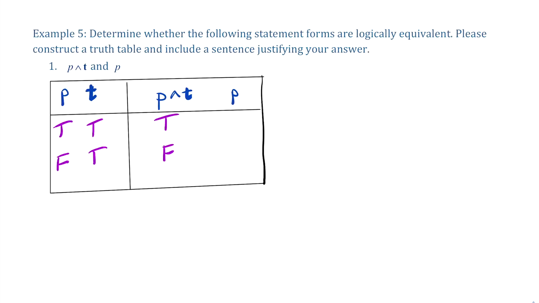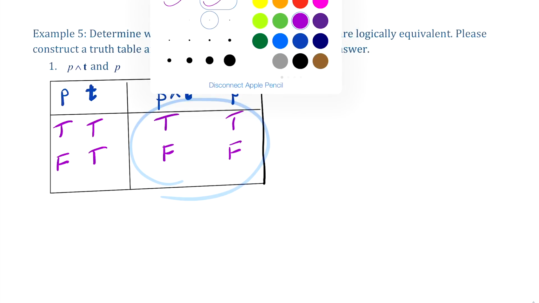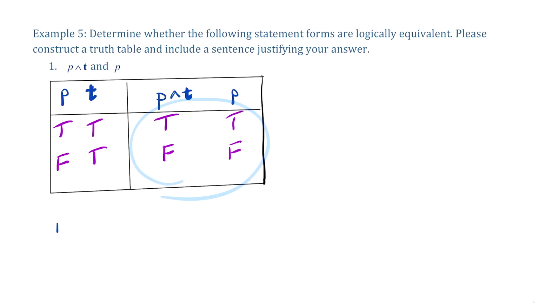So this is a situation, true, false. Remember, P could take on true or false. So they've got the same truth values in their truth table. So what can we say? We can say, beautiful. We can say that the conjunction of P and T is logically equivalent to P.